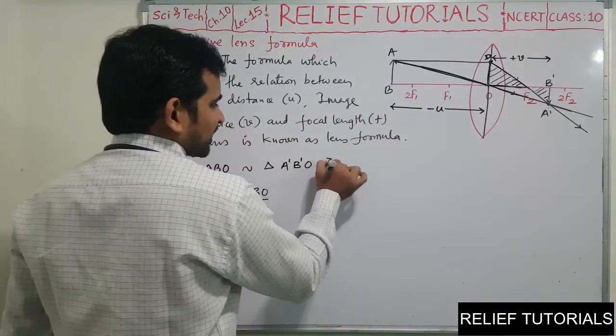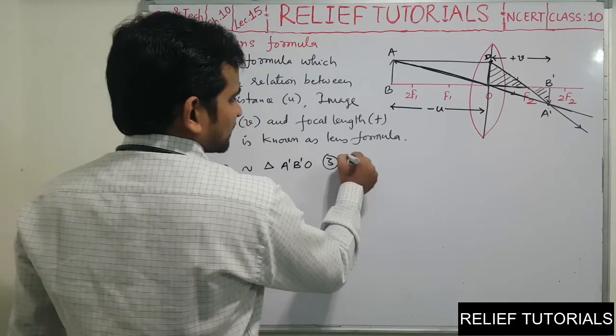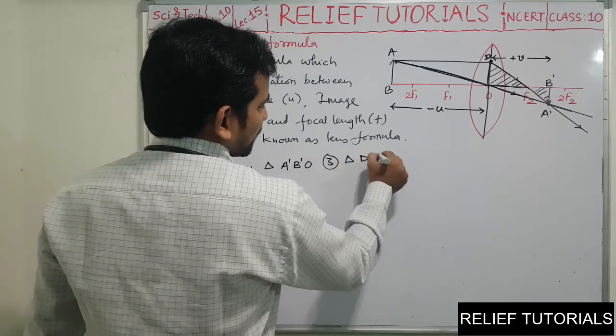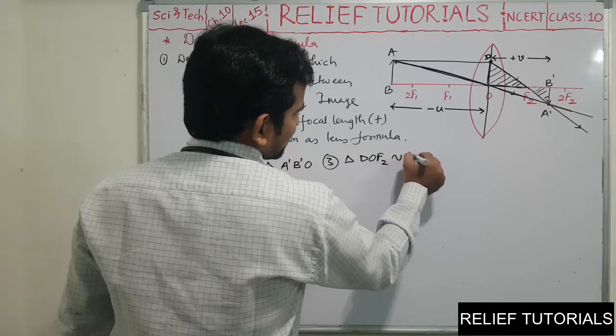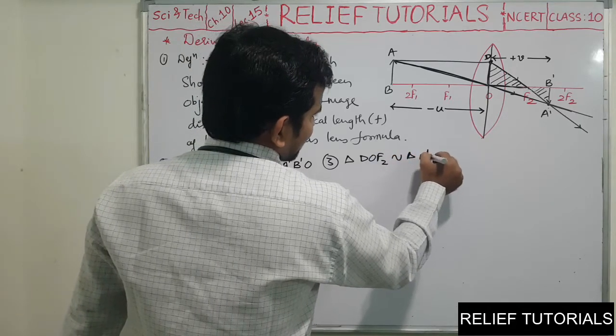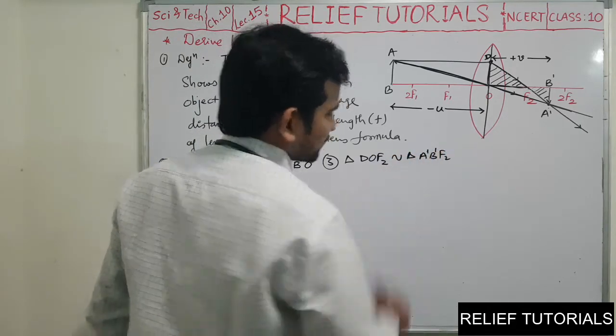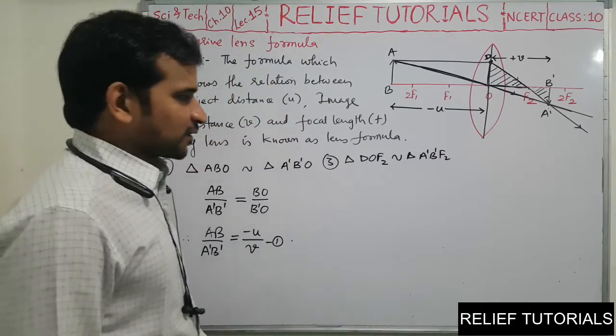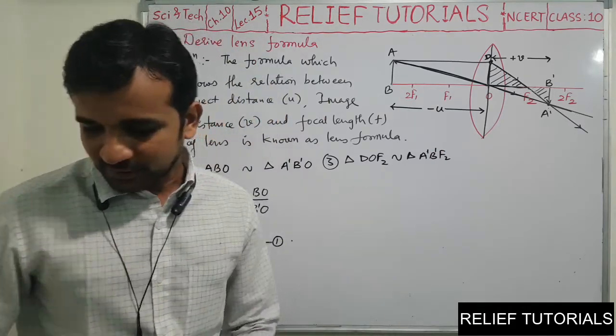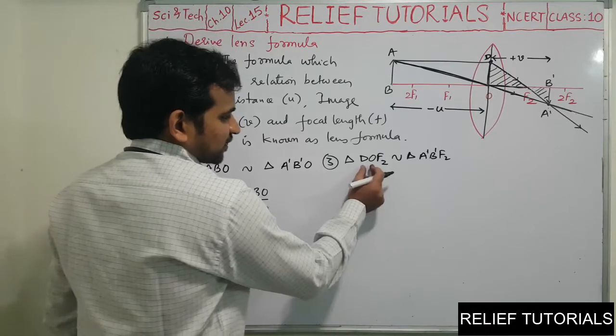So, third point, we are adding another similarity: triangle DOF2 is similar to triangle A dash B dash F2. Now when these two triangles are similar, the ratios of the sides are in proportion.